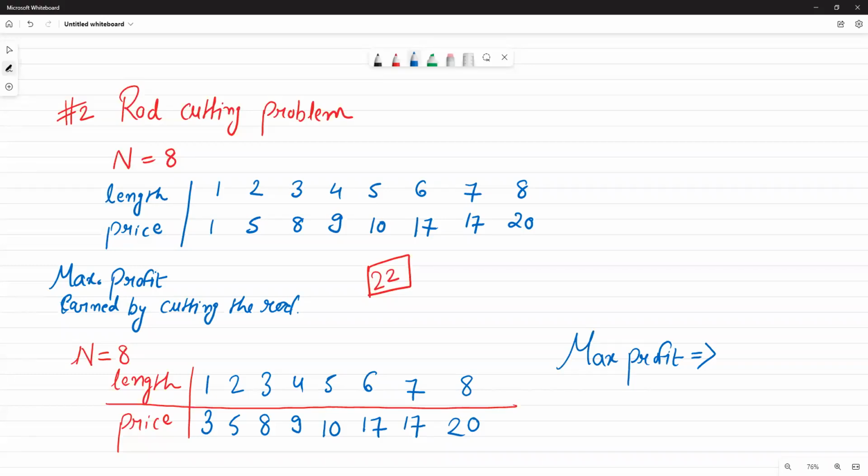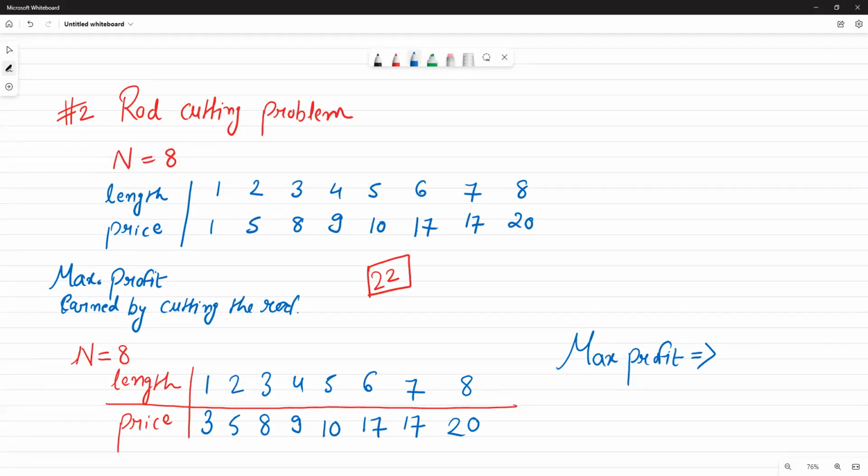No, it's not the max profit. Think of something better. 24, correct.